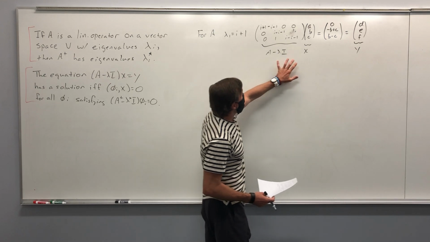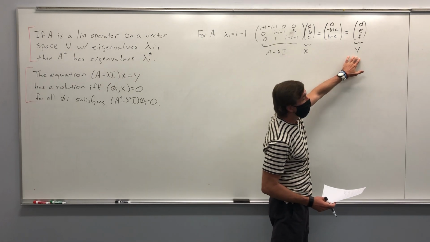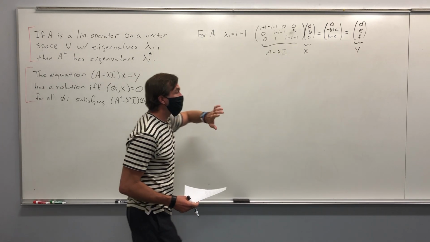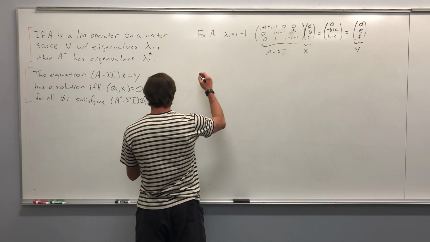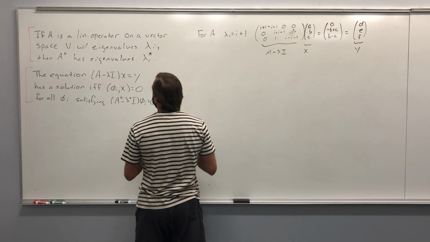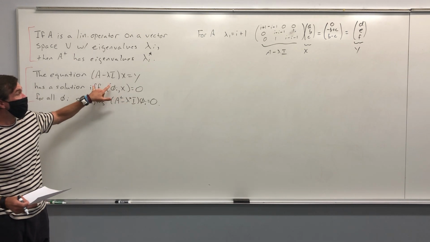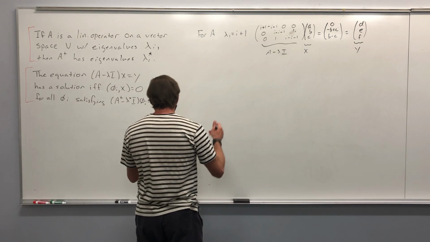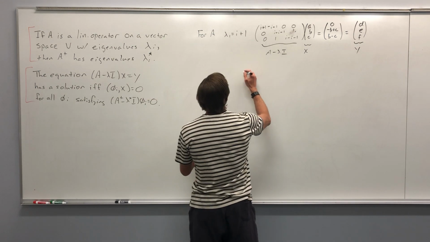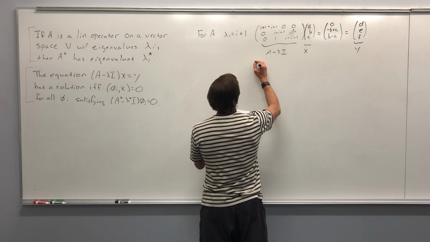So we're going to look for a solution to this expression. Now, what we want to do is write this out and then use this condition to verify. So let me very quickly write this down.